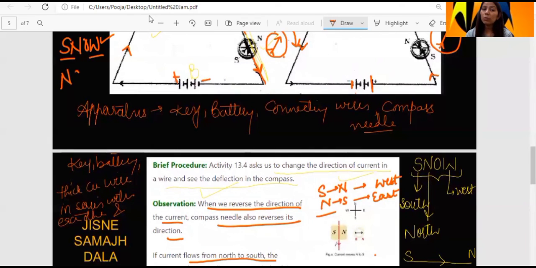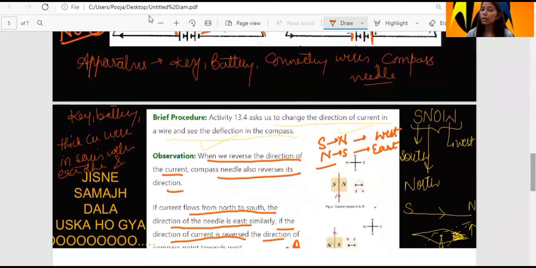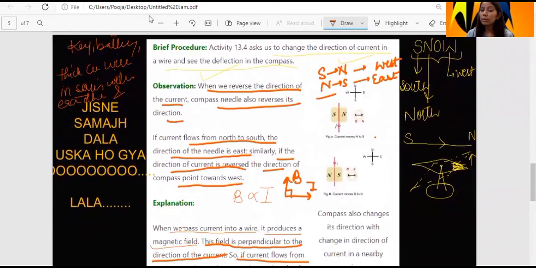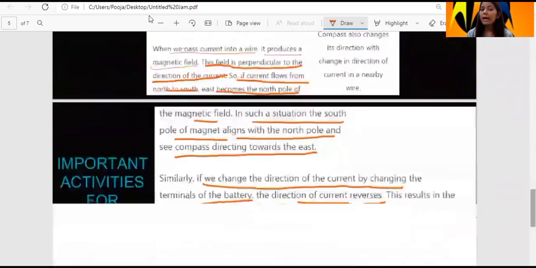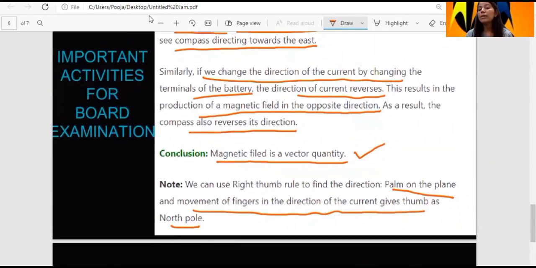And when it is moving from north to south, the deflection is towards the east. So from here we have seen that when we reverse the direction of the current, we reverse the deflection in the compass needle as well. We can also say that the magnetic field is a vector quantity, as it always shows a particular direction.